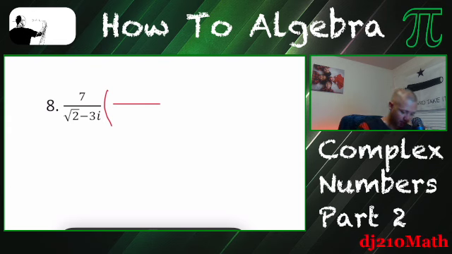So this is going to be square root of 2 plus 3i. Again, we don't want any square roots, and we don't want any i's in the bottom. So let's work this out.